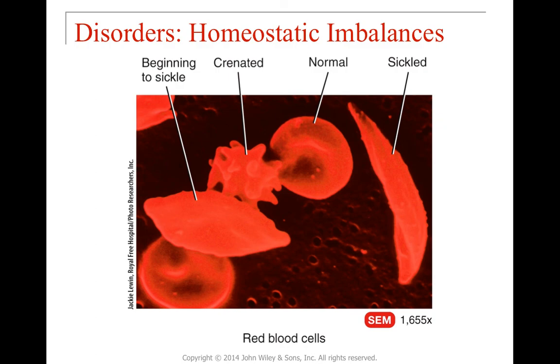Which sounds like it would be a problem, except in areas that are laden with malaria, it actually gives them a resistance to malaria. So we find that sickle cell anemia has a higher prevalence in African descent, because in areas of Africa we see high prevalence of malaria, and so having the sickle cell gene actually confers a resistance to malaria, so it ends up persisting in those populations even though it would normally be weeded out.